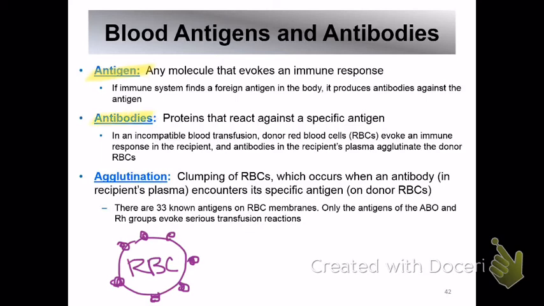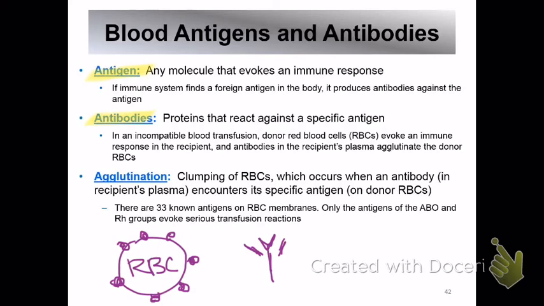Okay, antibodies are proteins that react against a specific antigen. And so antibodies are proteins. They're shaped like that, but they're way smaller than red blood cells, so that's not a very good diagram. There we go. They're kind of shaped like tongs that you would use on a grill or something. But they're proteins.